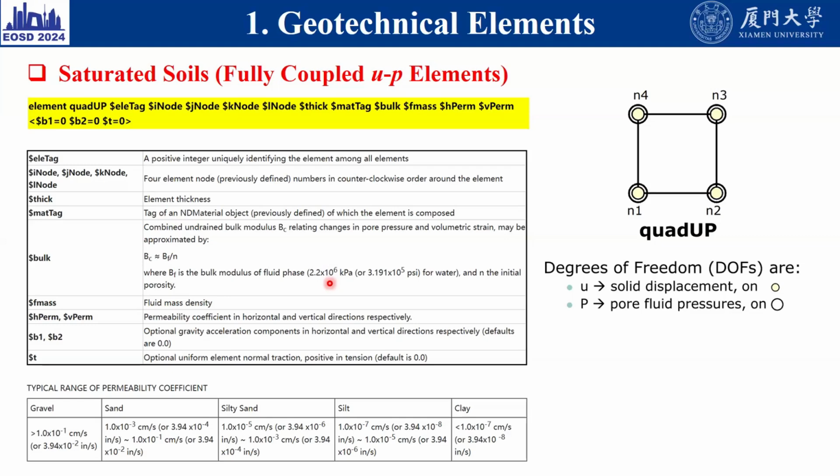That's why the permeability value for gravel or sand is relatively larger, for example, 10 to the minus 3 centimeters per second here. But for silt or clay, the particle size is very small. So the permeability for those materials will be low, so that the water is very hard to pass through the particles.